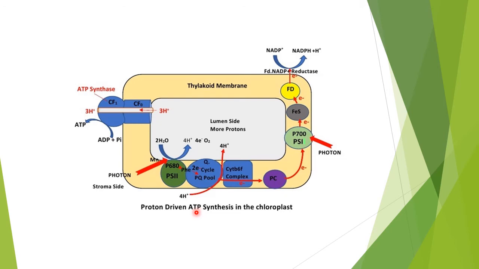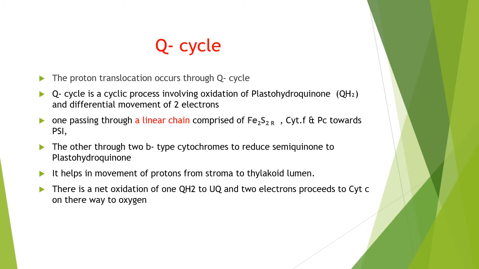Let's understand the different components of this, especially the Q cycle and how it is taking place here. What is the Q cycle? As we have given a detailed lecture on the Q cycle, please refer to that. We have seen that proton translocation occurs through the Q cycle. The Q cycle is a cyclic process involving oxidation of plastohydroquinone, and there is a differential movement of two electrons.